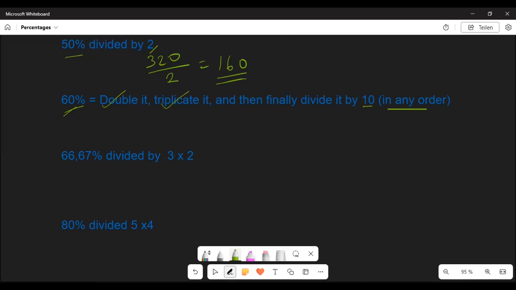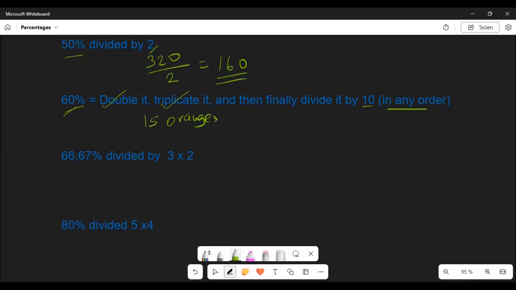Or you can also divide by 10, then triplicate it, and then double it. So assume now we want to know what is 60% of the oranges. We talked about 15 oranges.